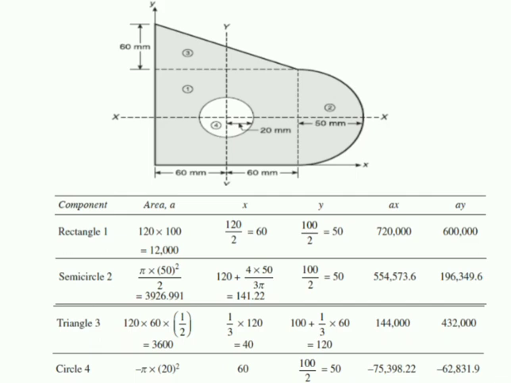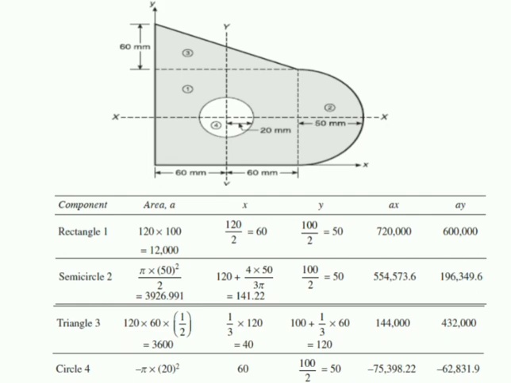Then next is your semicircle. So for the semicircle, pi r square by 2 is your area. Now to locate x2 for the semicircle, x2 will be 4r by 3 pi plus 60 plus 60. Because we are locating the centroid of the semicircle with respect to the vertical axis, and the semicircle itself is at a distance of 120 from the vertical axis.